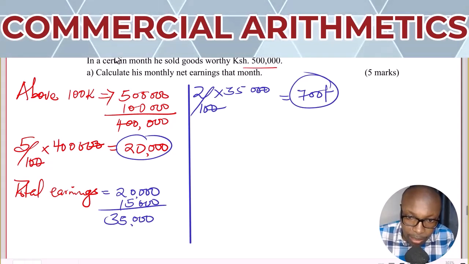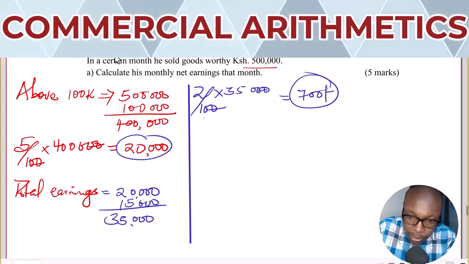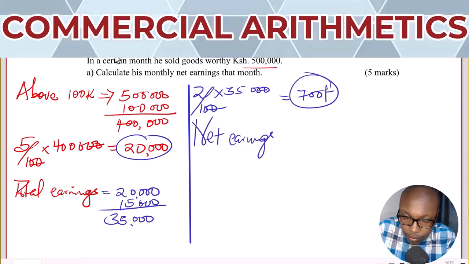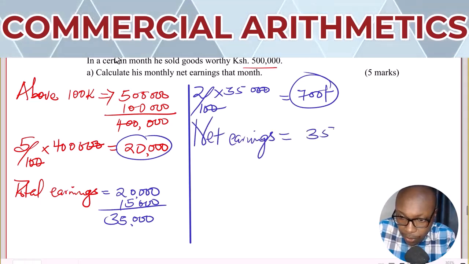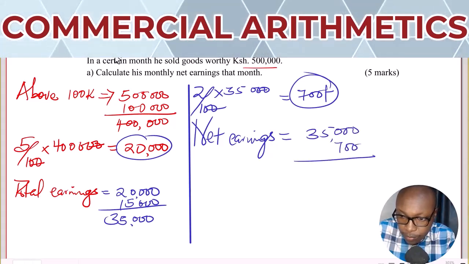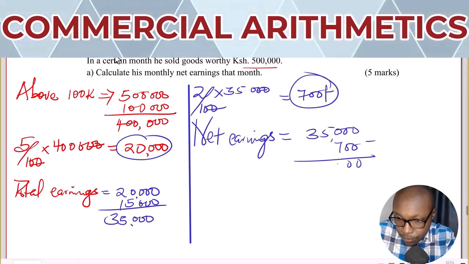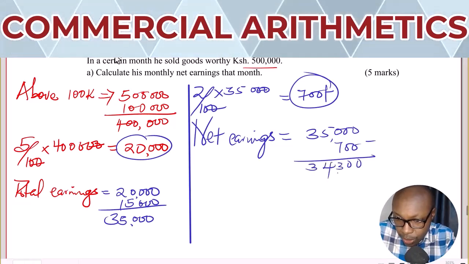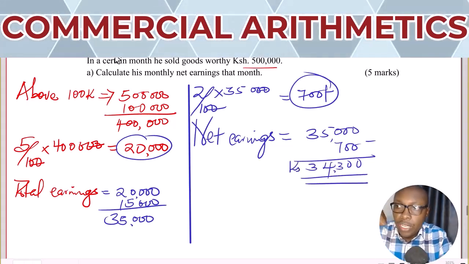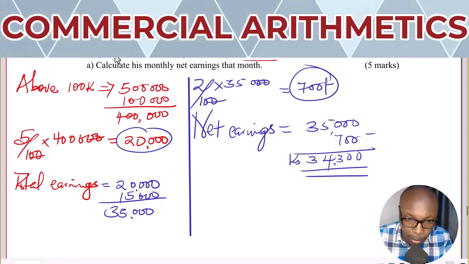Now to calculate his monthly net earnings for that month, we simply take the total earnings, 35,000, then subtract the tax. This will give 34,300. So that is the amount that he gets as the net earnings for that month. So that is all about that part.